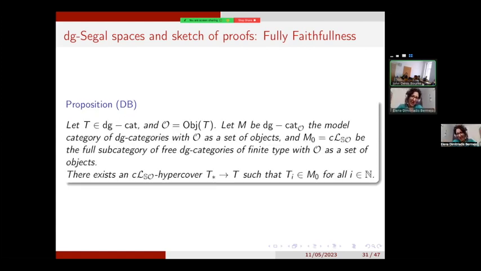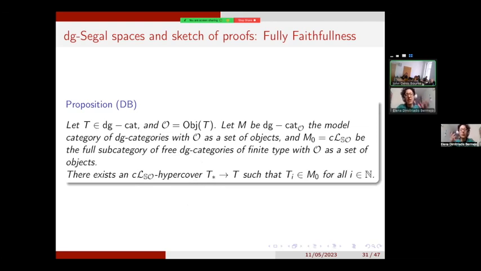And the answer to that is yes. So if we take M to be the DG categories and M0 to be the free DG categories of finite type, then for all T DG category, there exists a hypercover made entirely of free DG categories.